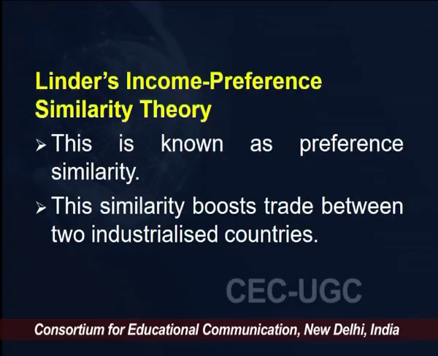Likewise, Kit Kat in India, you can buy at a much lesser amount, say 20-25 rupees, but an imported Kit Kat is very expensive, and the lesser quality variety is not available in the developed countries. Same is the case with other manufactured goods. This is known as preference similarity. This similarity boosts trade between two industrialized countries.